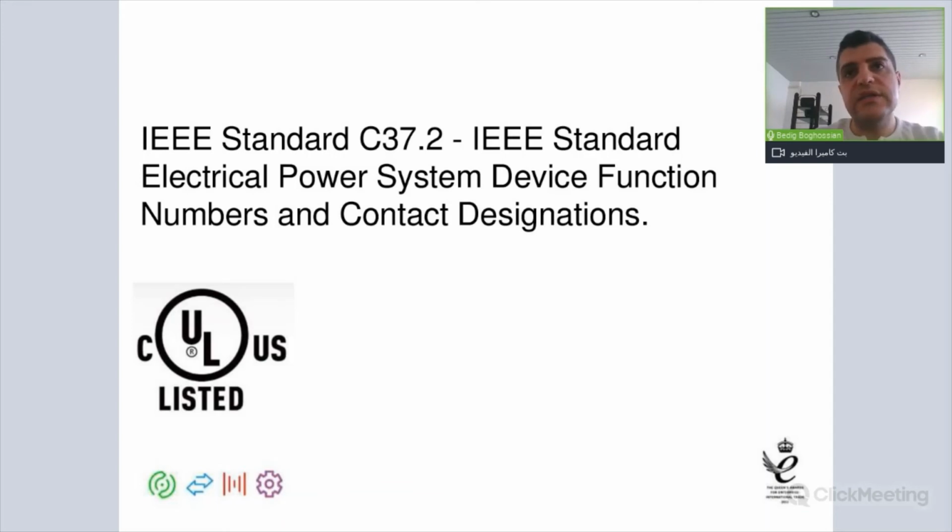If you look at the different ANSI functions, the different numbers all refer to specific alarms or specific protections, and the DSE generator controllers comply with all of those protections. You can look at the operator's manual for more details. We also conform with the UL standard. The UL is a requirement in the US and Canada.